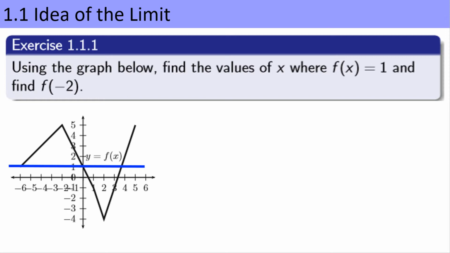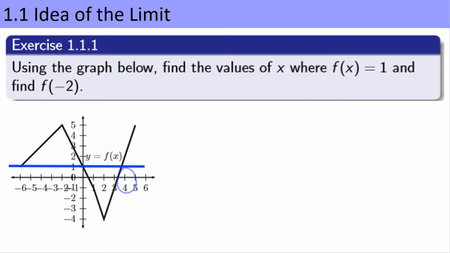So we'll notice that reading from the left to the right, the first place this function equals 1 is at x equals negative 6. This occurs again, that is, the function equals 1 at x equals 0. And finally, one last time, the function equals 1, again at x equals 4.